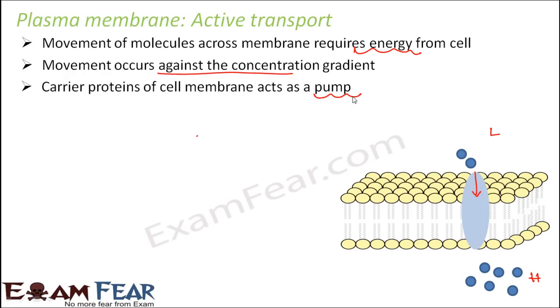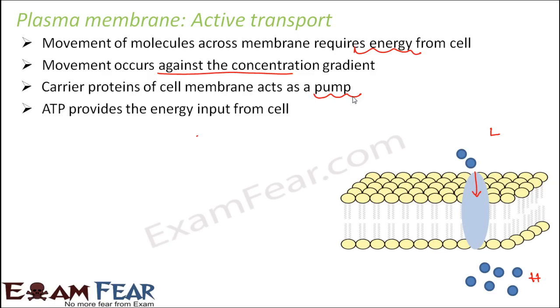Due to this, cells which are capable of active transport usually have more mitochondria in their cells. That is because mitochondria are the powerhouses of the cell. Mitochondria participate in cellular respiration and produce ATP molecules. So those cells which participate in active transport need a lot of energy, a lot of ATP molecules, and ATP molecules are produced by mitochondria, so they generally have more mitochondria.